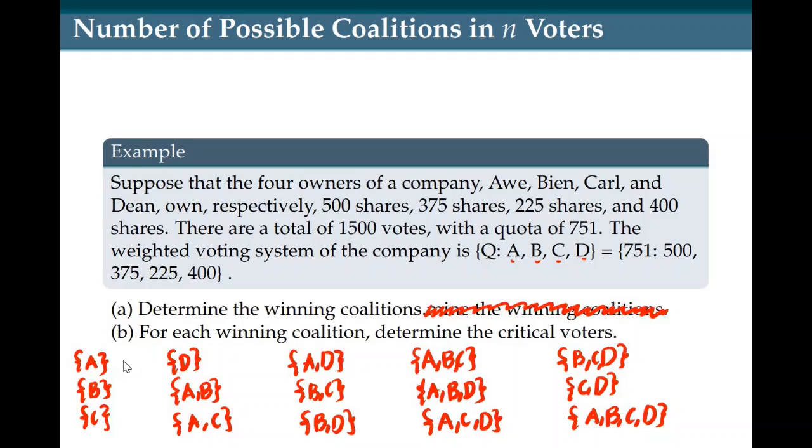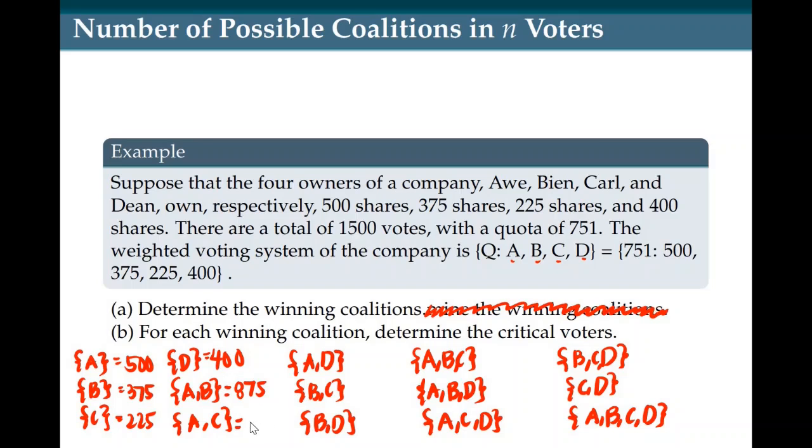So for A, we have 500, B, 375, C, 225, D, 400. But if you can see that each vote count is not equal or not greater than the quota, then you can skip those. So for coalition A, B, this is 875.